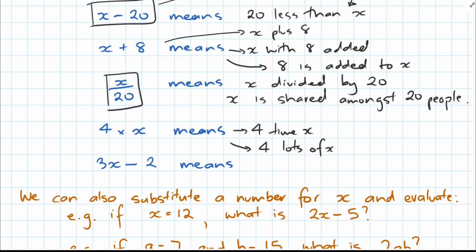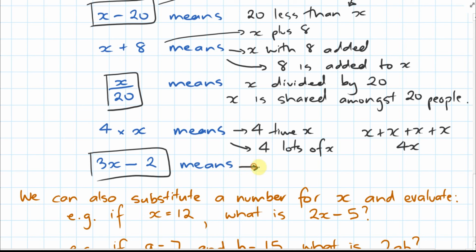It could also mean x plus x plus x plus x, which we know is just 4x. So 4 lots of x. And this one here, slightly more complicated, 3x minus 2.